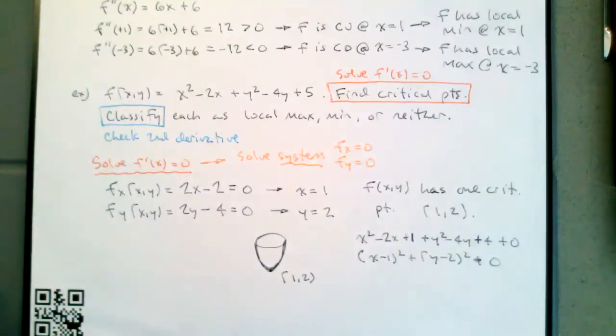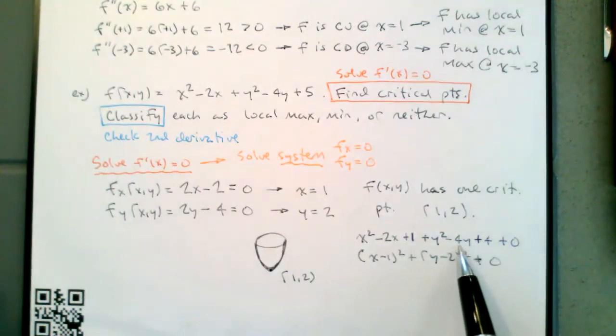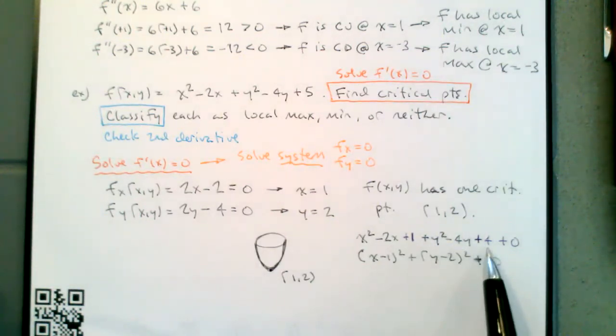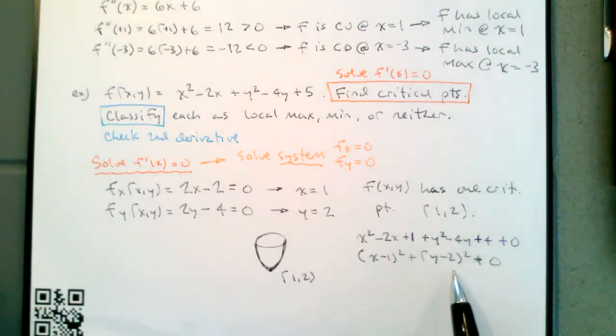If we have more values of x and only one value of y, then we just make combinations of the two. The purple 4 came from completing the square. Half of 4 is 2. 2 squared is 4. So y squared minus 4y plus 4. This plus 4 completes the square of the y minus 2 squared.